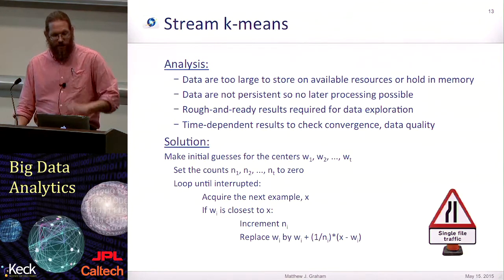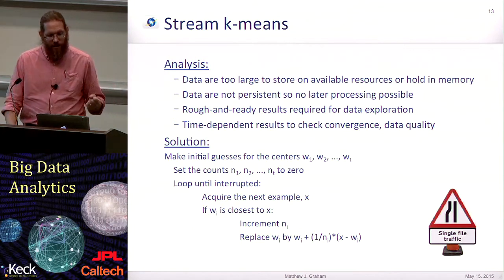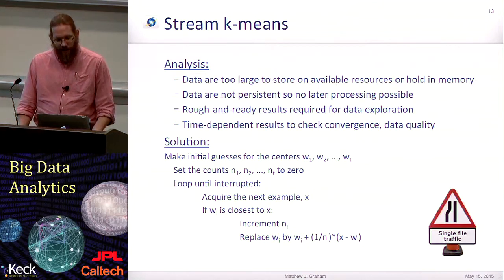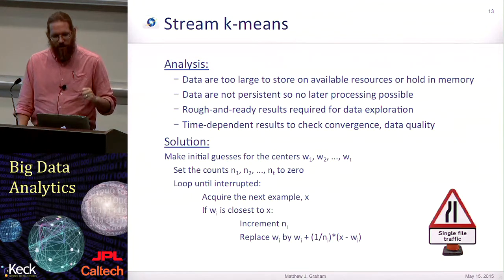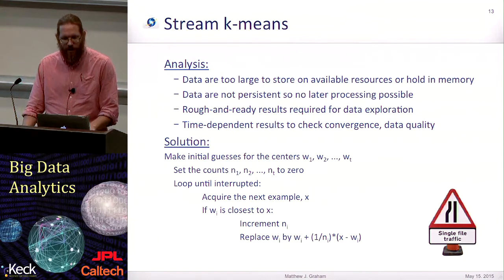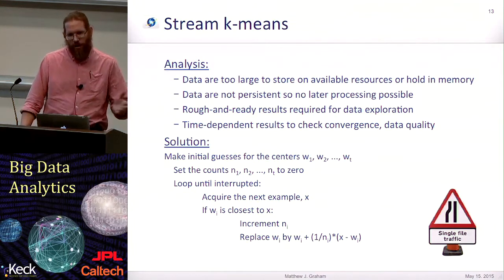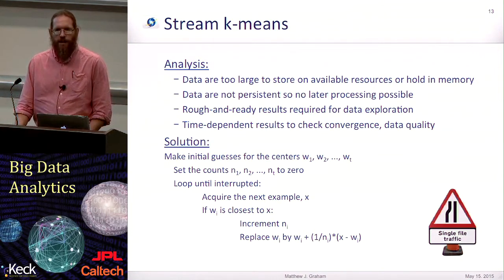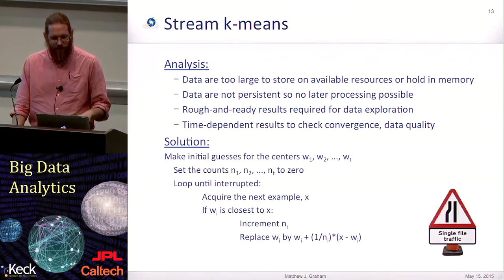You get the next piece of data, you find the center that's closest to it, you increment the count of the cluster, and then you replace the cluster center by a weighted term and an incremental term, which is given by the expression there. And this will converge and give you the same answer as if you were running on either the parallelized form or the serialized form of the k-means. But this way of doing it allows you to run on a data stream as opposed to a data file.